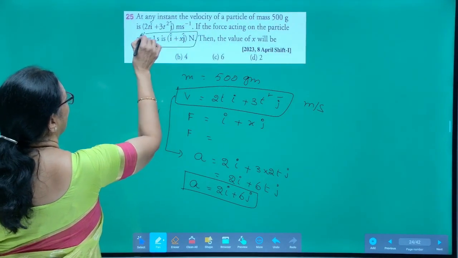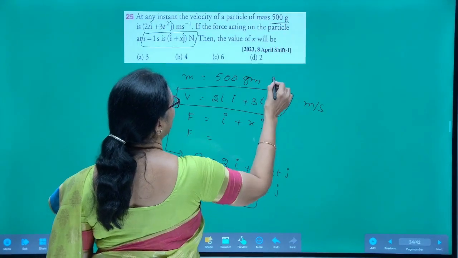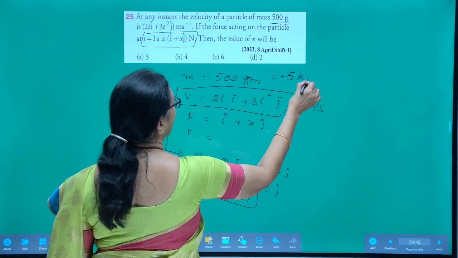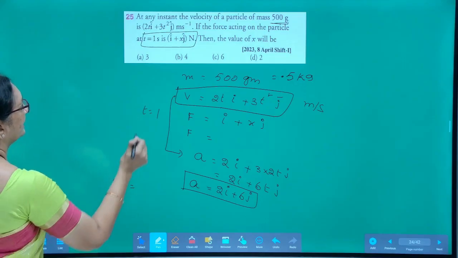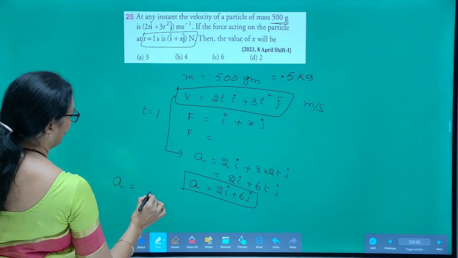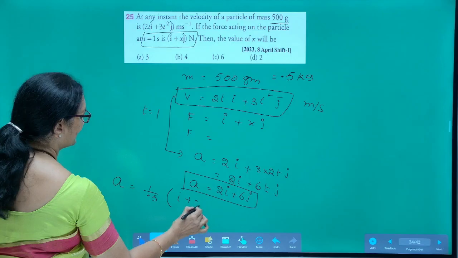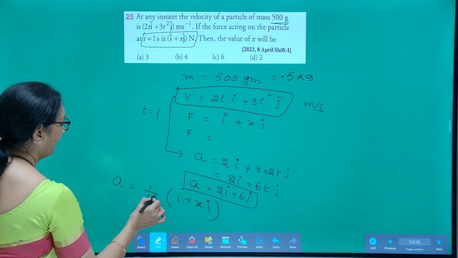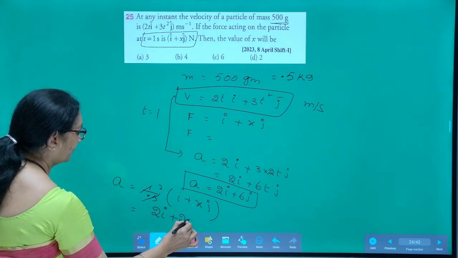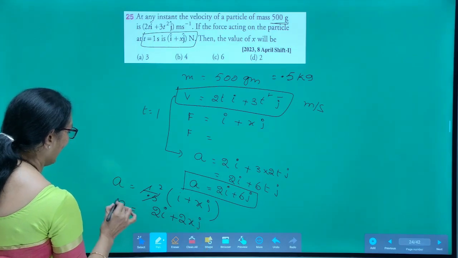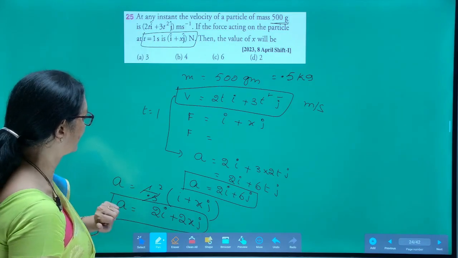From the expression of force, mass is given as 500 grams, that is 0.5 kg. Look here, from this expression, acceleration is force by mass, that is 1 by 0.5 into i plus xj. 1 by 0.5 is 2. So, this is 2i plus 2xj, the acceleration at t is equal to 1 second from the force expression.